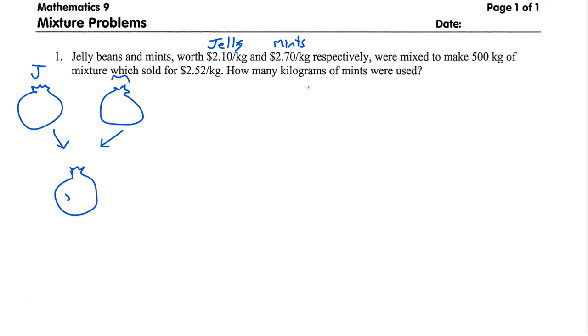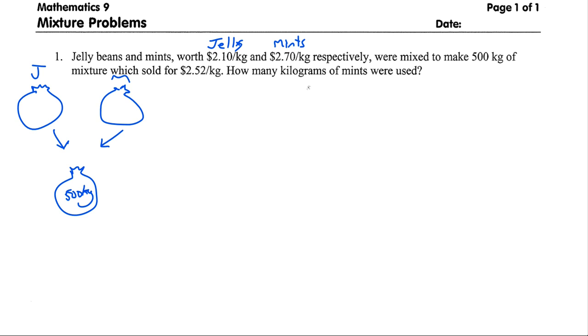We know that the final bag is going to weigh 500 kilograms. We don't know how much of each of the other bags are going to be taken to make the 500. But we do know that in the 500 kilograms, whatever you take from the jelly bean bag and whatever you take from the mint bag, that total is going to be 500 kilograms.